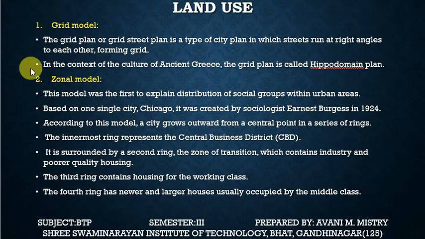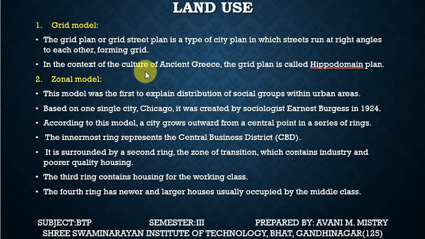This model was the first to explain the distribution of the social groups within the urban area. Based on one single city, Chicago, it was created by sociologist Ernest Burgess in 1924.